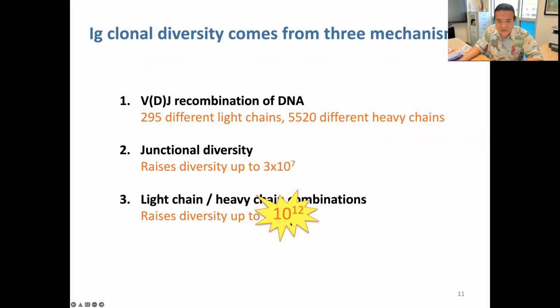You end up with 10 to the 12 possible different sort of sequences that your B cells could come up with, right? And that's pretty astounding, because again, each one of these B cells starts off, right, with the same genomic sequence. That's your genomic sequence that you were born with, right?